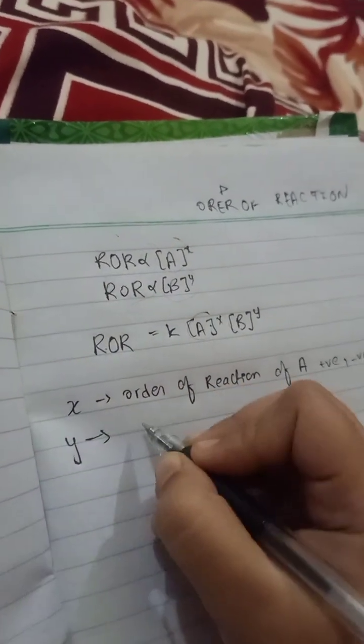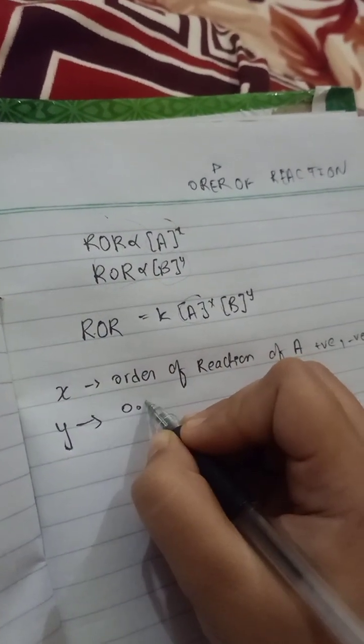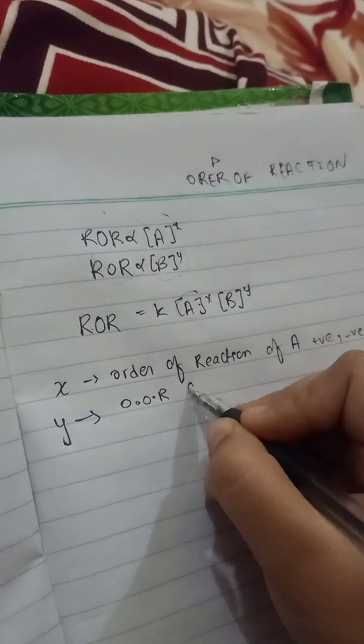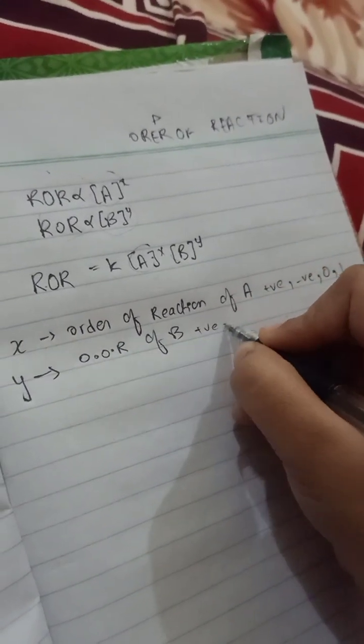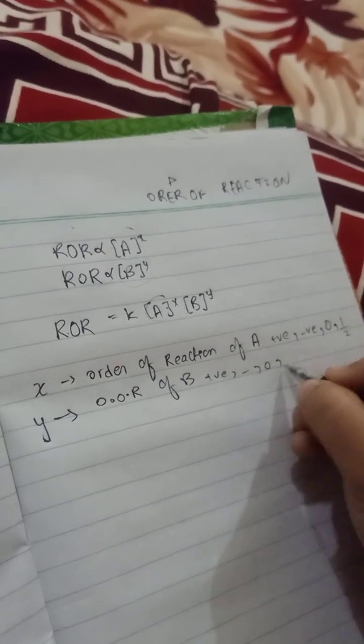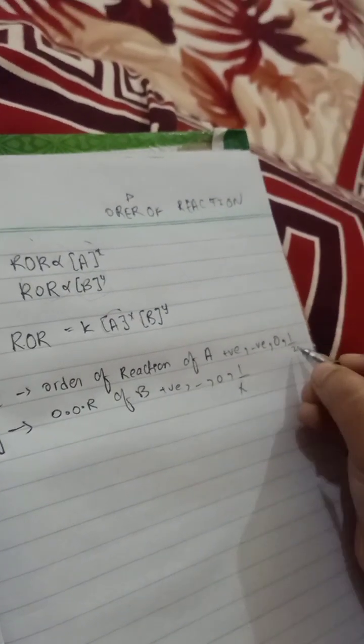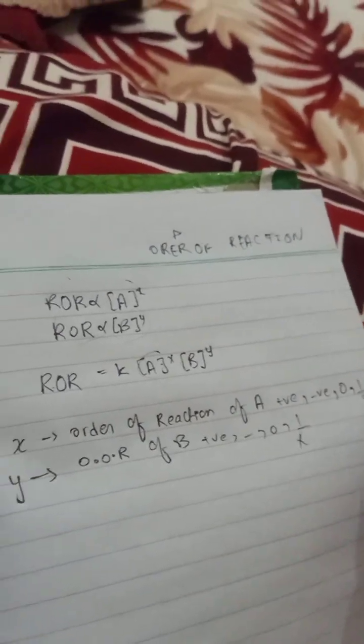And this is the order of reaction of B, and that can also be positive, negative, zero, and a fraction.